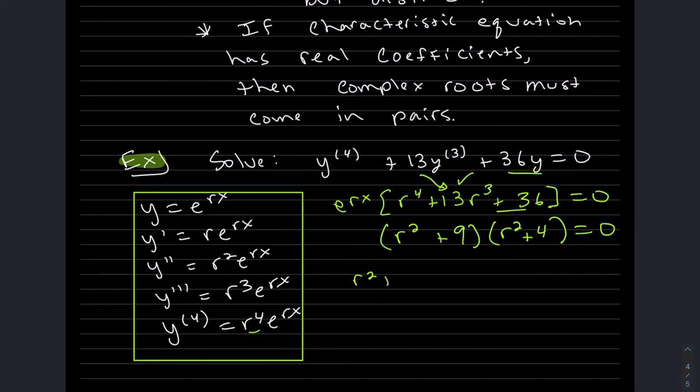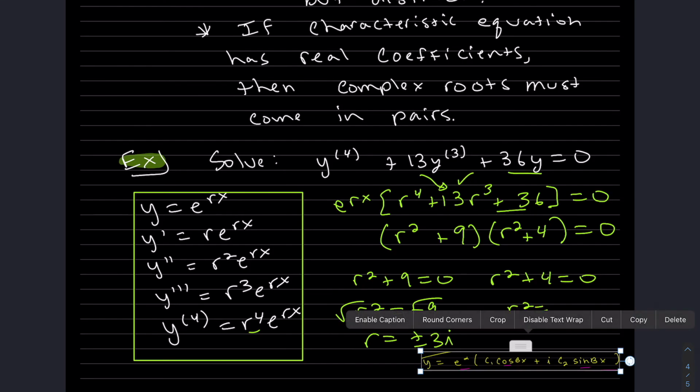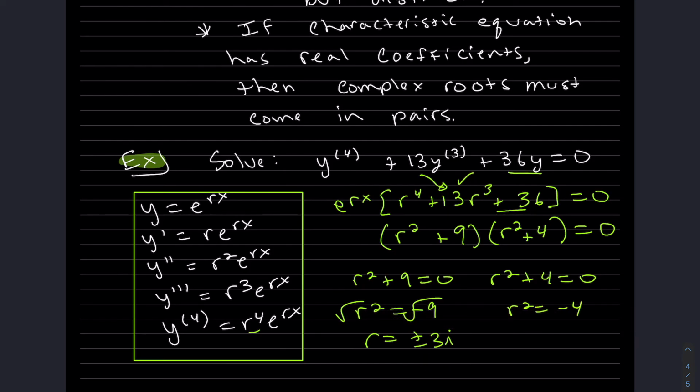So r squared plus 9 equals 0. r squared plus 4 equals 0. Square root: r equals plus or minus 3i. And same with this one, they're both complex. There's our conjugate: 0 plus 2i, 0 minus 2i are conjugates.